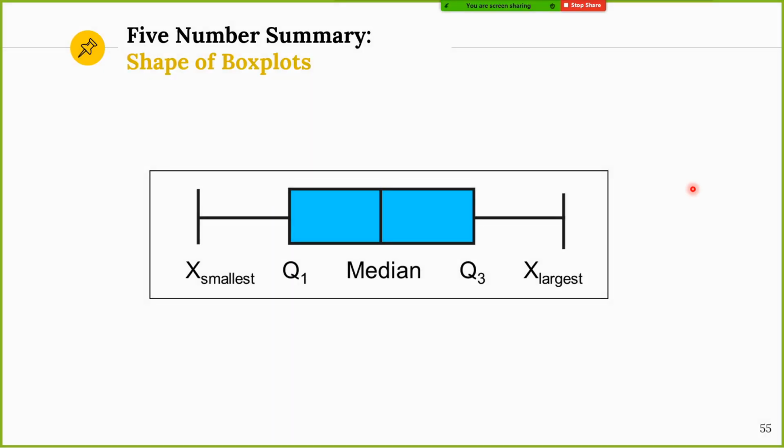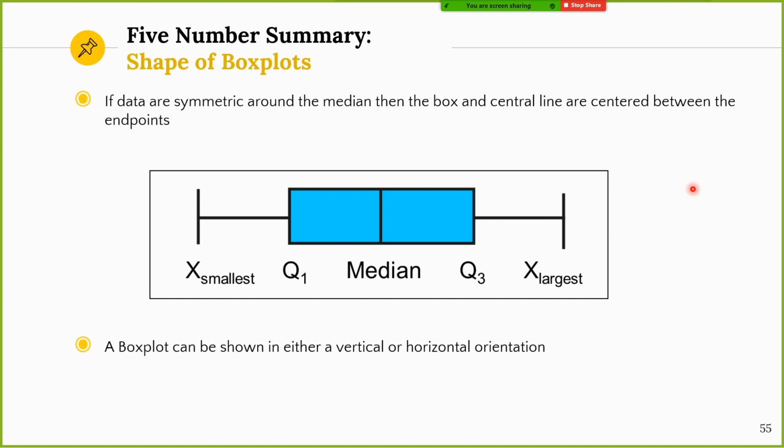Okay, so this is the shape of the box plot. The box plot can be shown in either vertical or horizontal orientation. In this case, I show you the horizontal orientation, but you can also show this box plot vertically.